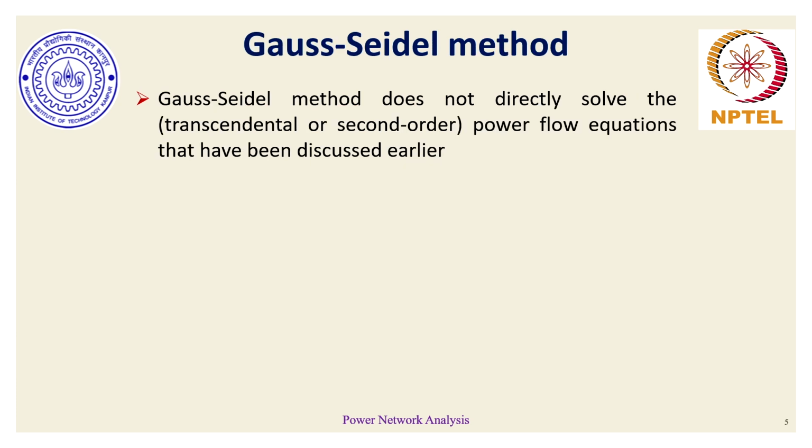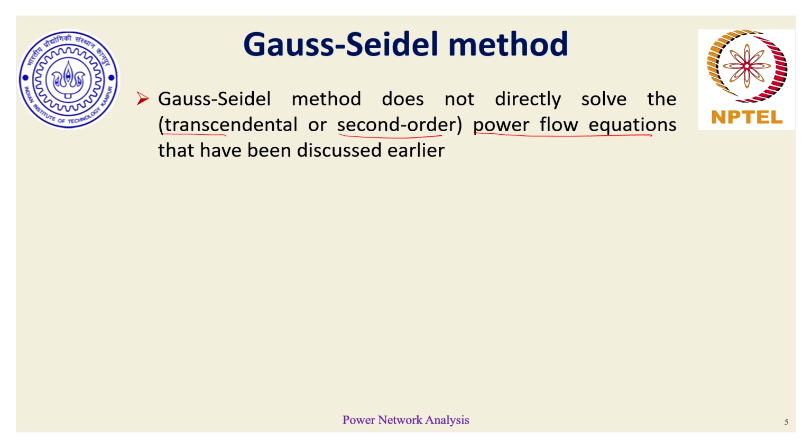So coming to the Gauss-Seidel method, there is a uniqueness to it. We have discussed these power flow equations in transcendental form or second order form, depending on the polar or rectangular version of voltage coordinates. Coincidentally, the Gauss-Seidel method does not need these transcendental or quadratic expressions.